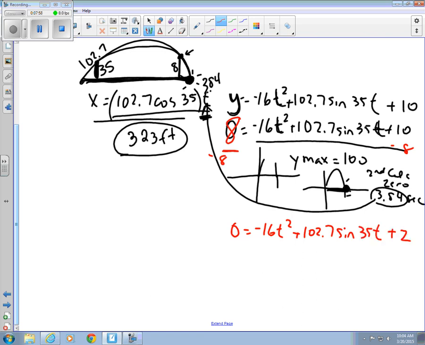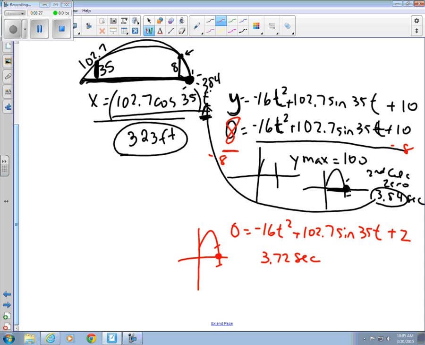Now you put that into your calculator. You're going to end up getting a slightly different graph, and you want to find out now what this is. So you're going to hit second, calculate, zero, and then left bound, right bound, and you're going to get 3.72 seconds. That's the time. That's actually the answer to part C: how long is the flight?